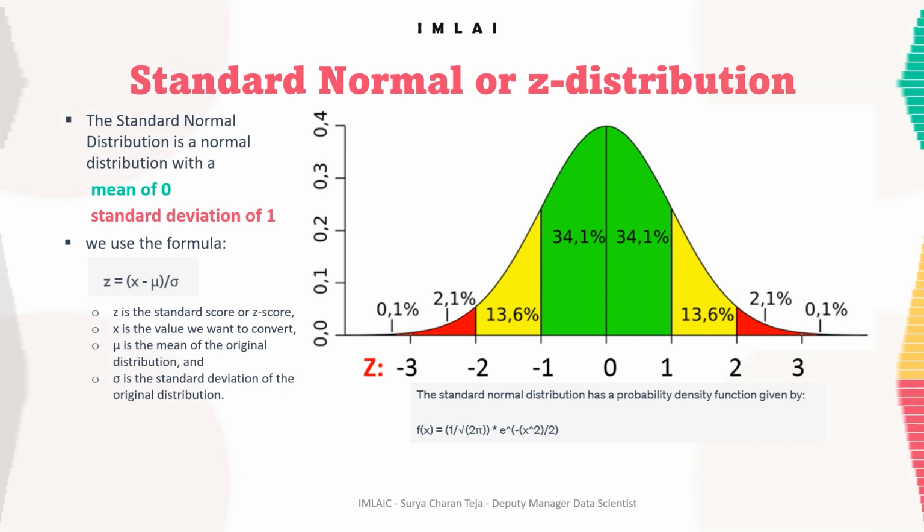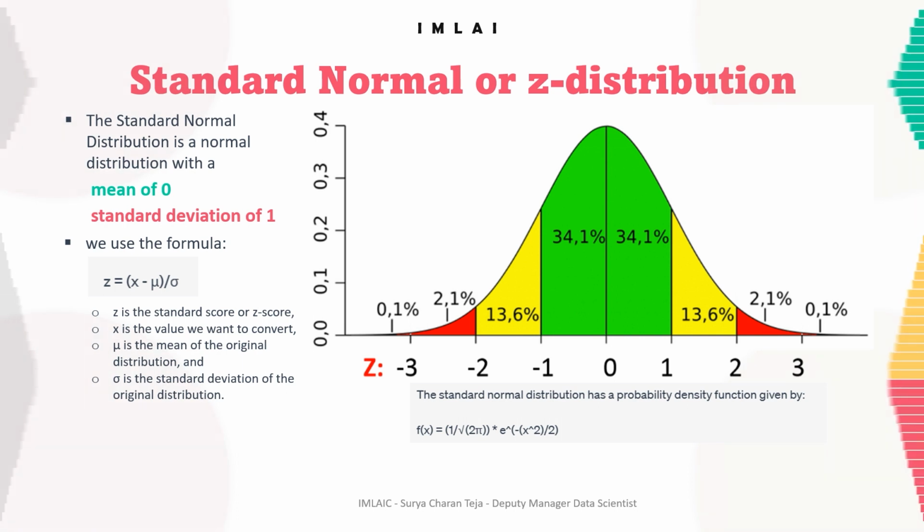The Z-score represents the number of standard deviations that a value x is from the mean of the original distribution. If the Z-score is positive, the value is above the mean. If it is negative, the value is below the mean. The standard normal distribution is widely used in statistical analysis, hypothesis testing, and quality control, among other fields.